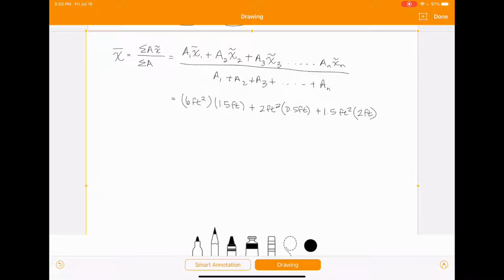And we only have 3 shapes for this one, so we can end there. And that's going to be divided by the sum of the areas. So 6 feet squared plus 2 feet squared plus 1.5 feet squared. And then you can just plug that into a calculator.